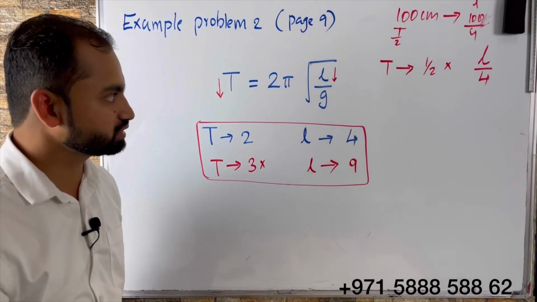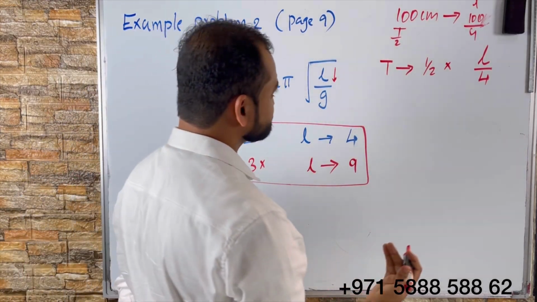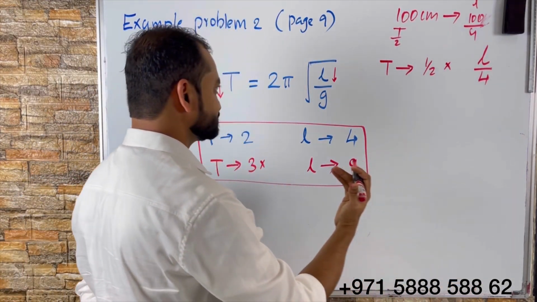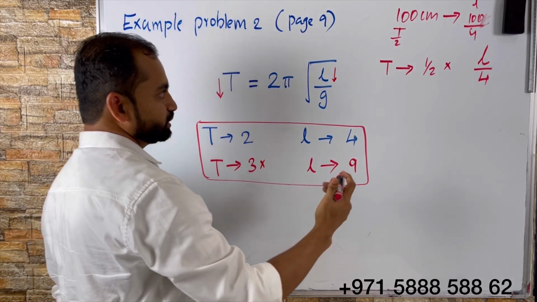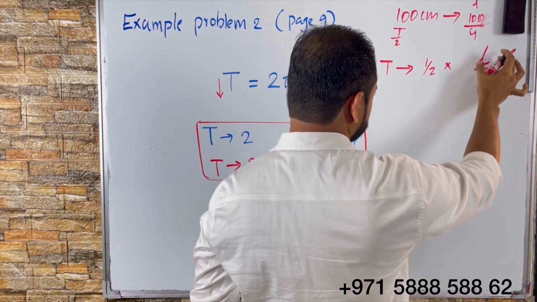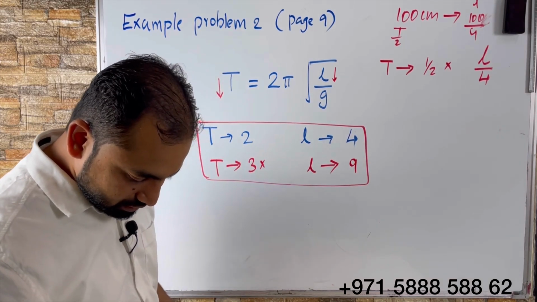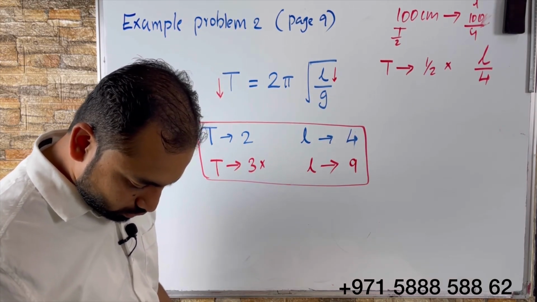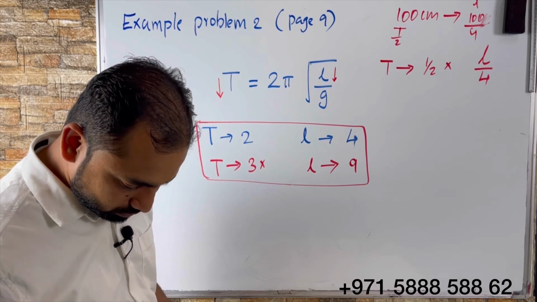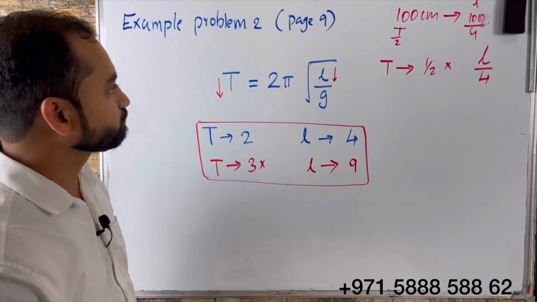Because L is inside the square root, you need to reduce the length to length divided by 4, because for example, the square root of 1 divided by 4 will be equal to 1/2.